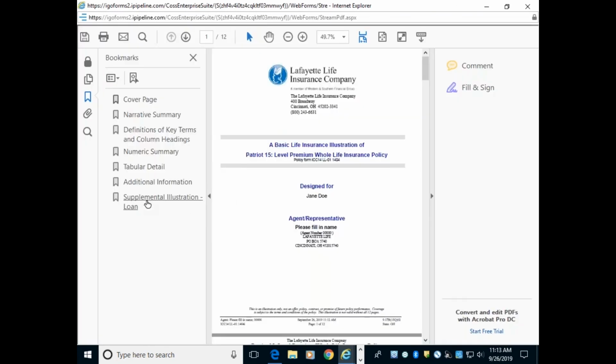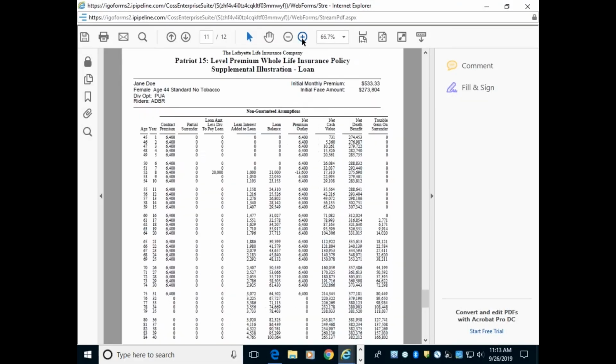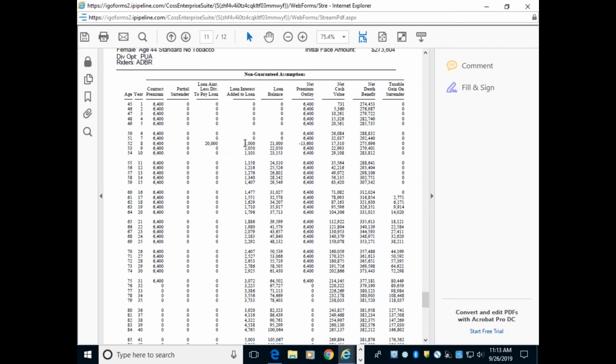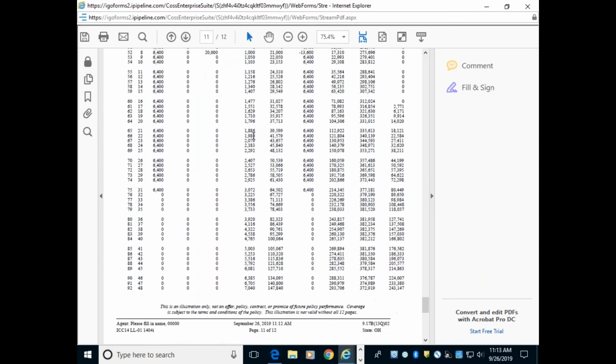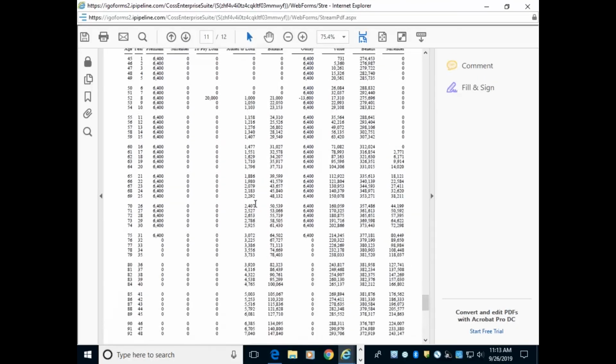I have my supplemental loan page. And we see that a $20,000 loan is available that particular year. And we have a $1,000 loan interest, making our balance $21,000. And the balance moves forward until the client pays off the loan.